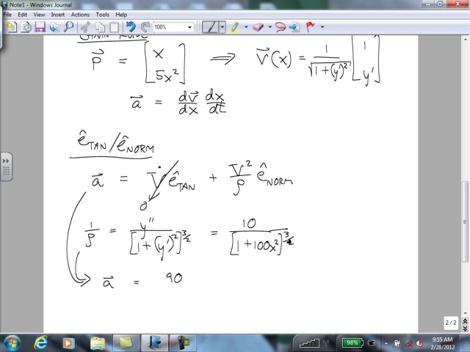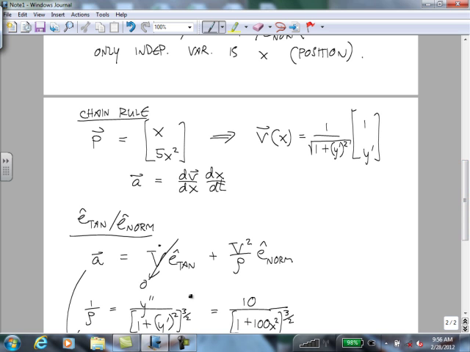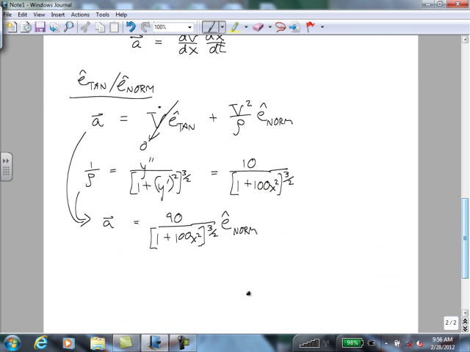And so the acceleration vector, you end up getting 90 over (1 plus 100x squared) to the 3/2 in the normal direction. That calculation, you can imagine, is a bit simpler than calculating the derivative of this crazy thing with the square root. Any questions about that?